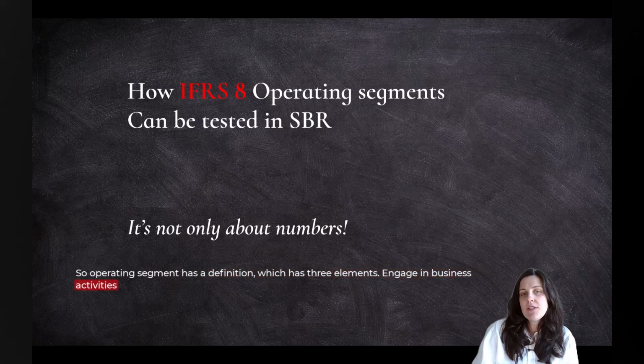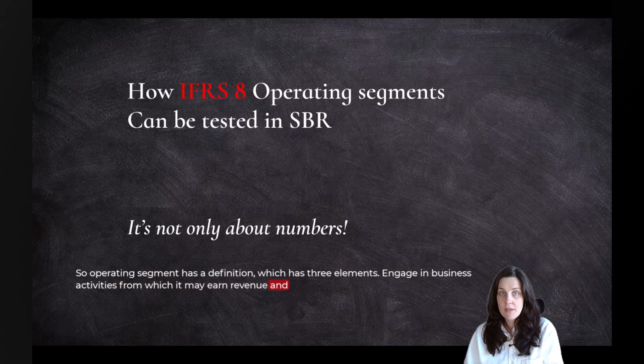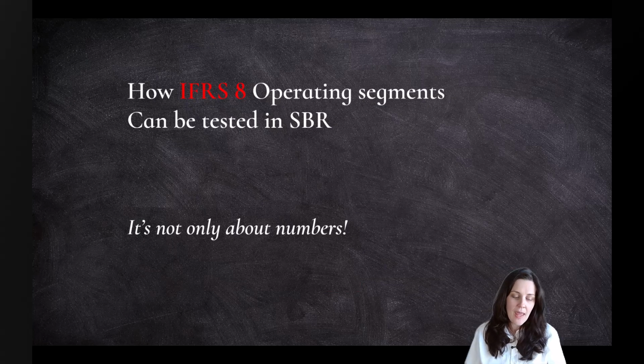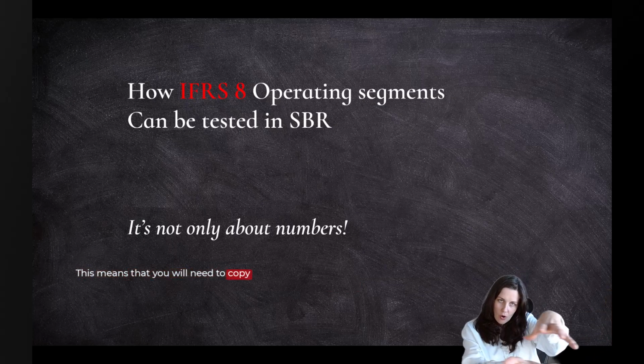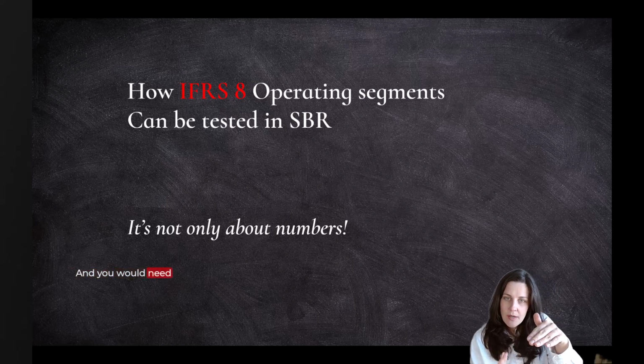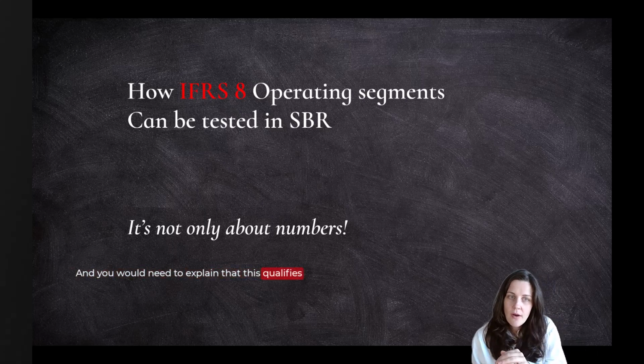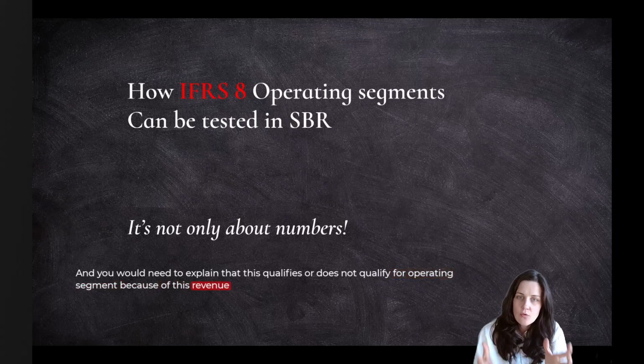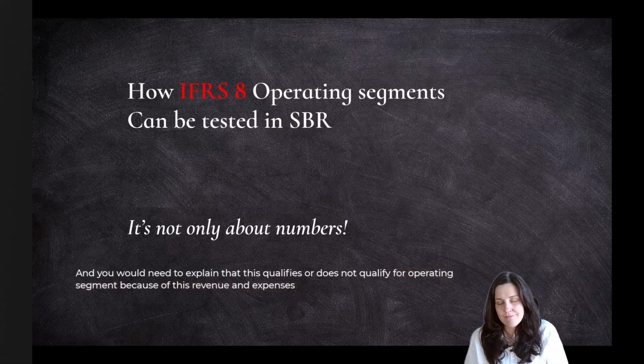Engage in business activities from which it may earn revenue and incur expenses. This means that you will need to copy-paste part of the scenario, and you would need to explain that this qualifies or does not qualify as an operating segment because of this revenue and expenses, well, revenue most likely, issue.